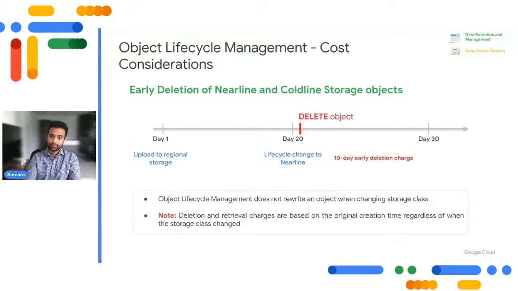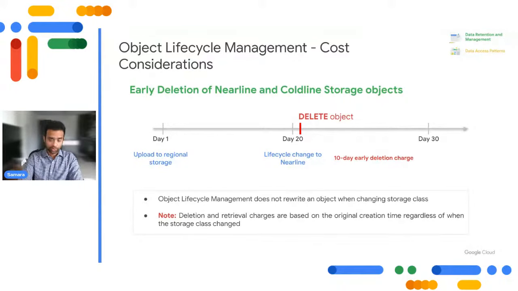So OLM will help you save on storage costs, but if you do not use it properly, you can see some spike in operational charges. Keep in mind that saving on storage costs versus a spike in operational charges is key to consider when you are setting OLM and using the rules appropriately. And to set your OLM rules appropriately, it's key to understand how your data access patterns would look.